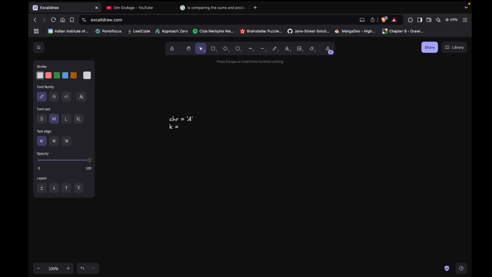So now we'll assume that k is a number which is less than 26, because if it is bigger, we can always get rid of 26 moves, as it brings the character back to itself.